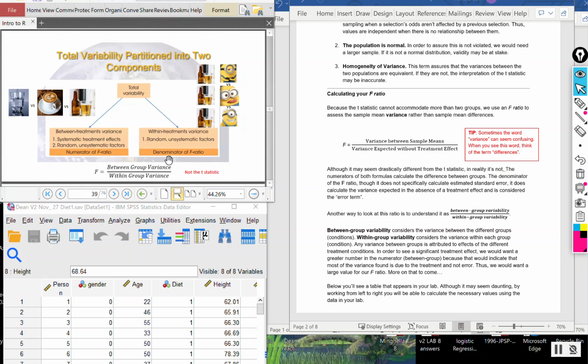So here we go. We have between group variance and within group variance. We want this to be very big, right? So we want this to be, I don't know, 7.7, and this to be maybe 0.00001, right?